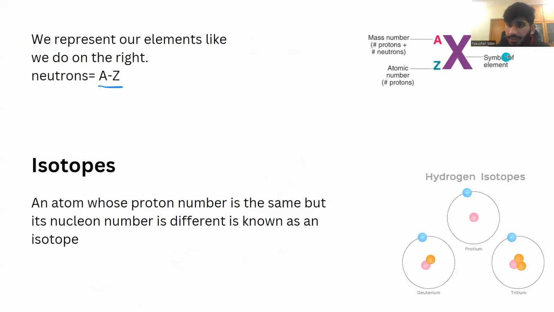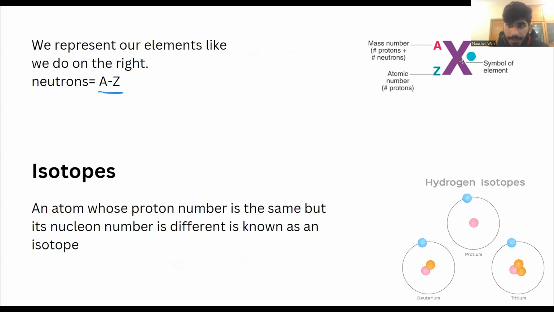Okay, now this is the sort of notation that most elements are represented by. Here is your X. This is any element. This can be anything. It can be carbon, it can be magnesium, it can be anything. On top, you have your mass number, which is your A, and on bottom, you have your proton number, which is your Z. A gives us the total number of protons and neutrons inside of this element, and Z simply gives us our proton number, or the number of protons inside of the element.